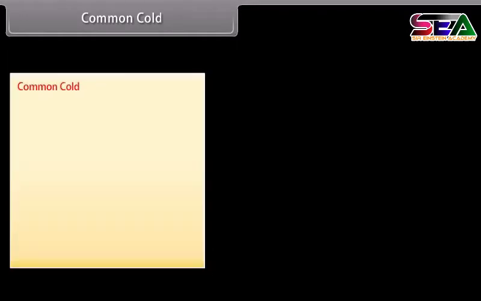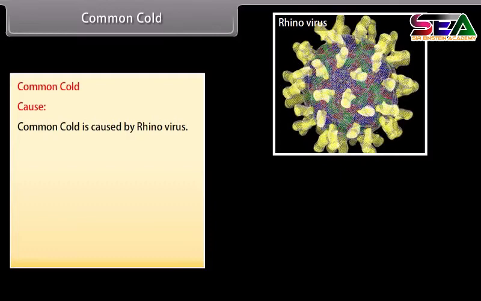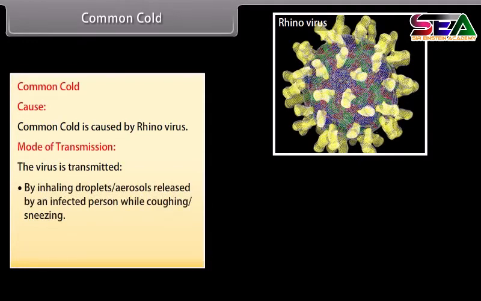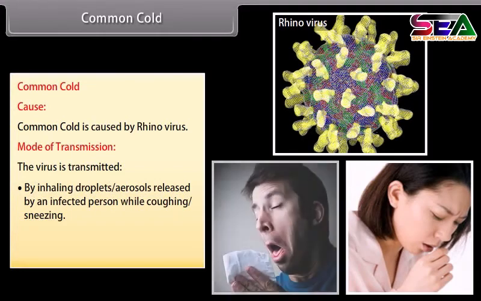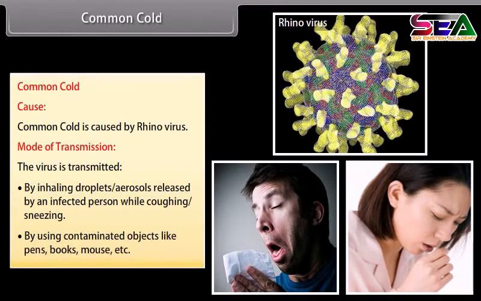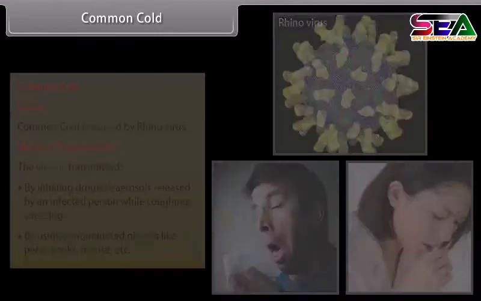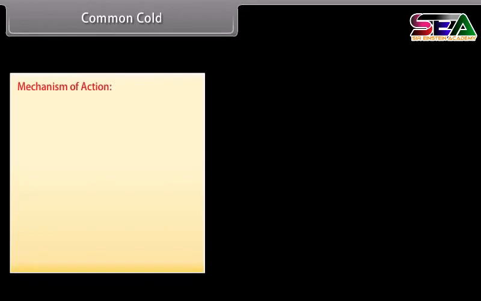Common cold. Cause. Common cold is caused by rhinovirus. Mode of transmission. The virus is transmitted by inhaling droplets, aerosols released by an infected person while coughing, sneezing, by using contaminated objects like pens, books, mouse, etc. Mechanism of action.